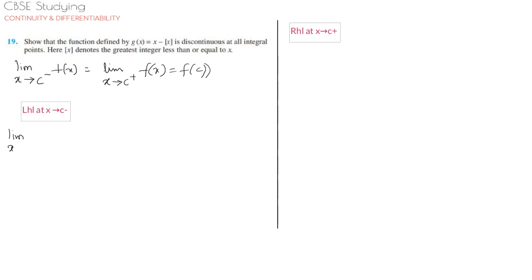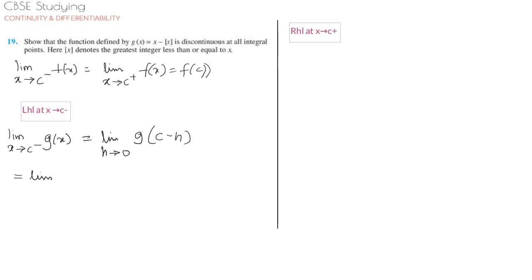Limit x tends to c minus g of x is equal to, you change this to h tends to 0, g of c minus h, correct? Now in the function, wherever there is x, you have to replace it with c minus h.